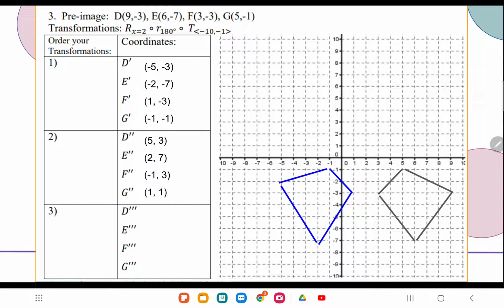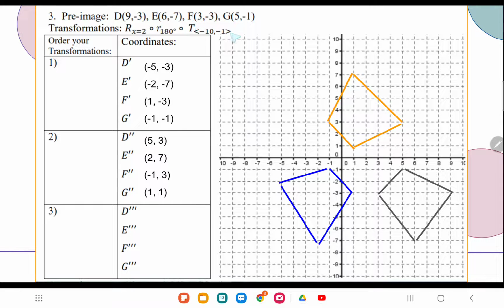There's my new figure. This is the 180 degree rotation. And again, my coordinates have changed to their opposites. So I'm going to have kind of a mix here. I have points in quadrant 1, and F double prime is going to be in quadrant 2. So that's what it will look like.